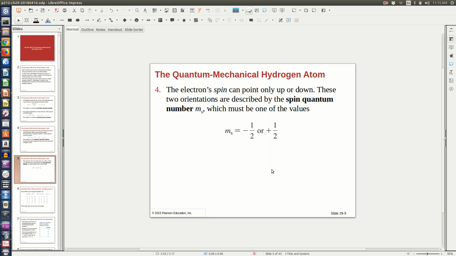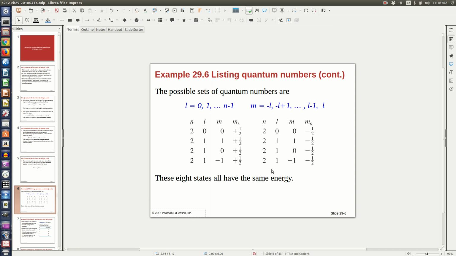It's just not physically spinning. And it only has values negative 1/2 and 1/2 relative to the z-axis. So the spin quantum number, ms, can be negative 1/2 or 1/2, which corresponds to an angular momentum of 1/2 h bar projected onto the z-axis either positively or negatively.